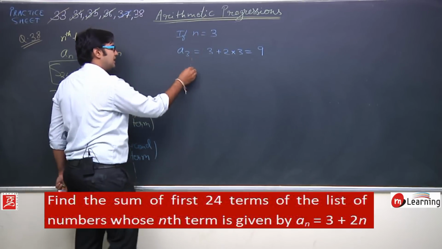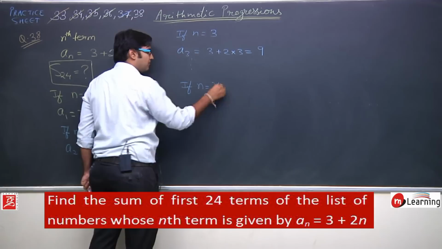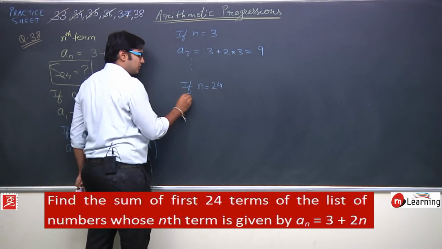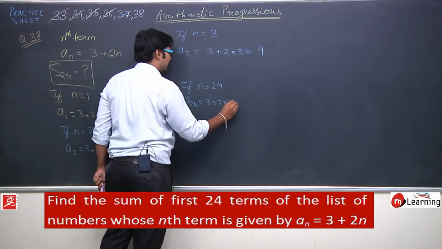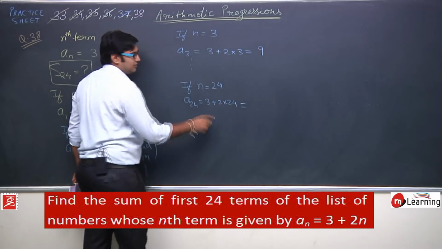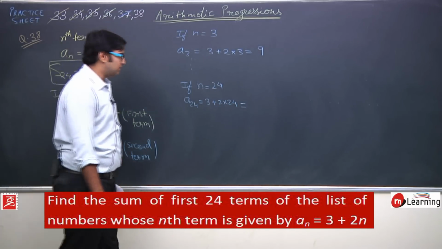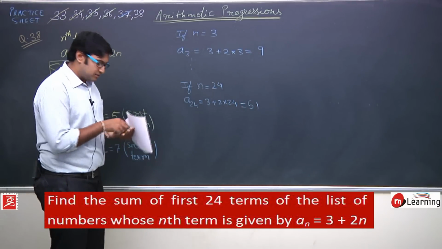Similarly, if I calculate the 24th term of my AP, a24 will be 3 + 2 into 24. This is a plus 2n. So 24 into 2 is 48, and 48 plus 3 is 51. So what is my arithmetic progression?